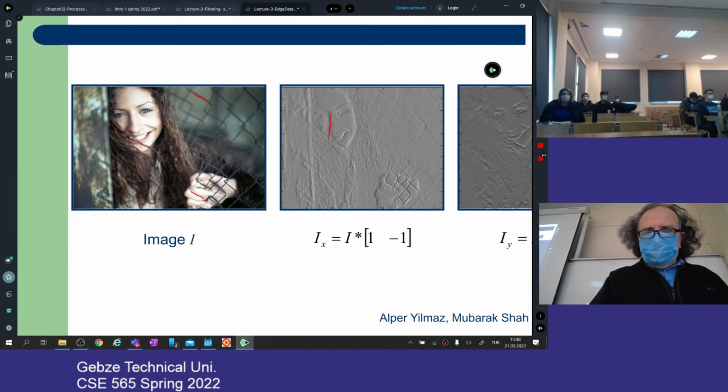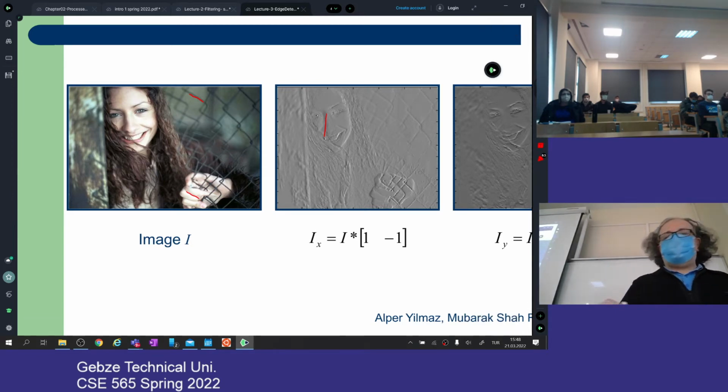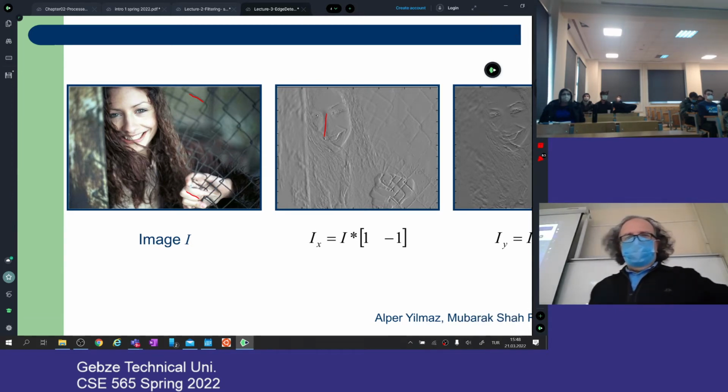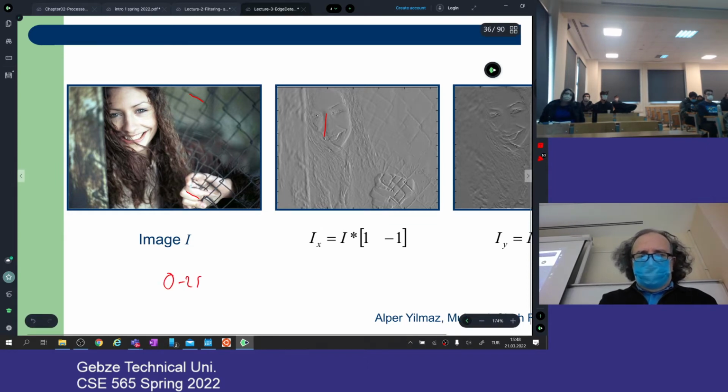If I apply this operator to this image, let's say this is a grayscale image, the numbers change from 0 to 255. That's our assumption. If I apply this operator to this image, that means I am multiplying the numbers by 1 and minus 1, and adding them up. The numbers are 0 to 255.